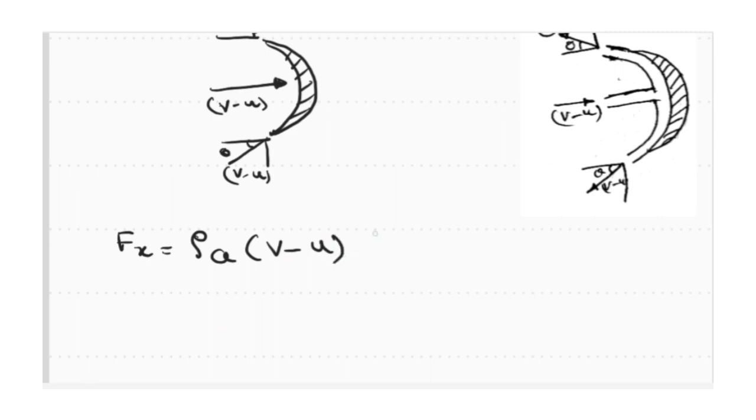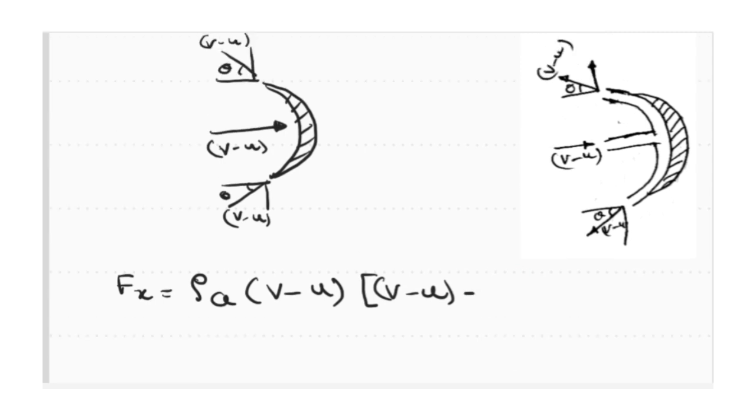Rho A v into the initial velocity in the direction of the jet, which is v minus u. While it leaves with the velocity v minus u, it leaves making an angle theta. So we have to resolve into the horizontal component.